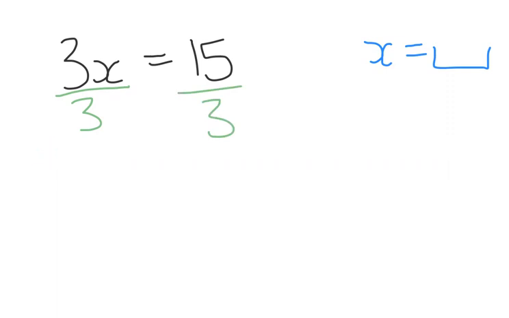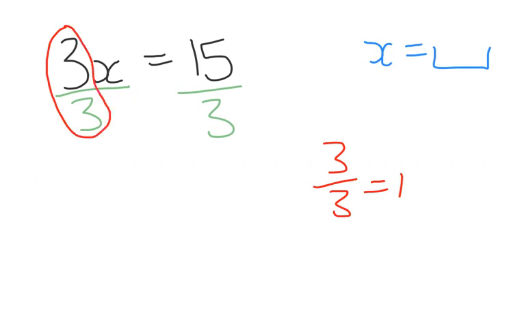So because 3 divided by 3 equals 1, and here you can see you have a 3 divided by 3, that equals 1. So you can now just write the x down. Because 3 divided by 3 is 1, it will be 1x. But you don't need to write down 1x, because x on its own means it is 1x.